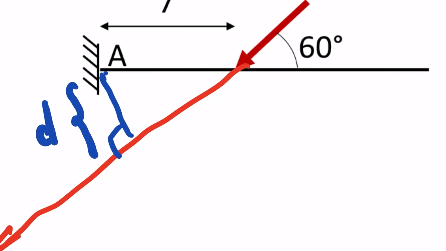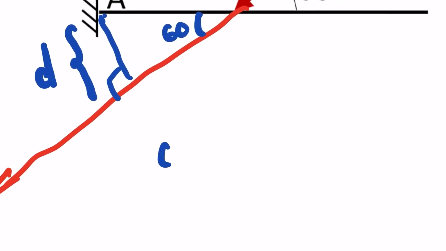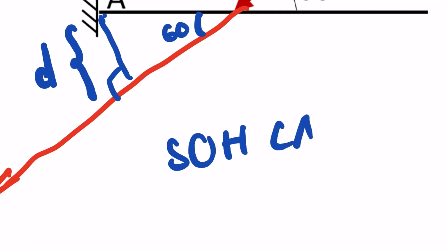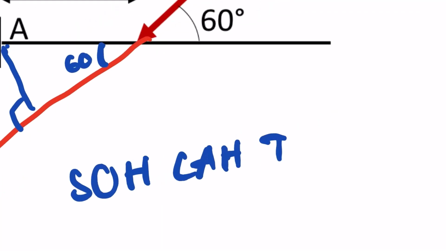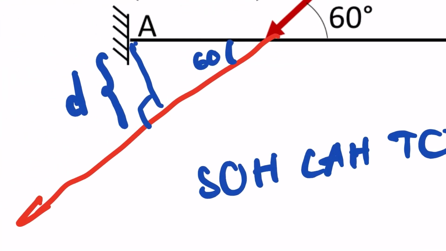The question is, how can we calculate D? This one we need to apply a little bit of trigonometry: sine, cosine, and tangent. We have the angle over here, 60, right? So you just remember SOH CAH TOA.